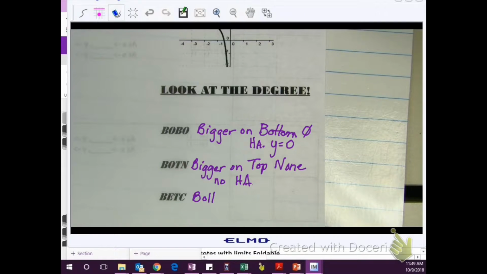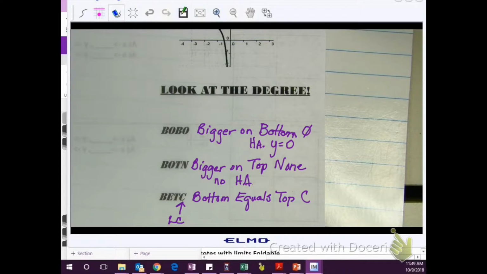The third one is bottom equals top. Now, this says C because it's easier to remember C, Betsy, but this actually means the leading coefficients.